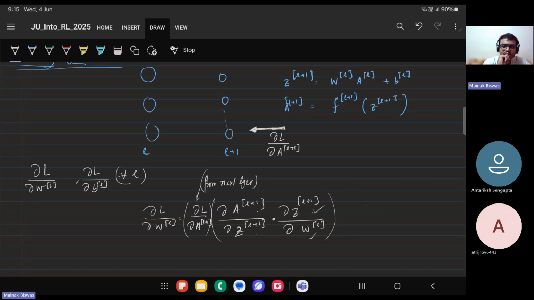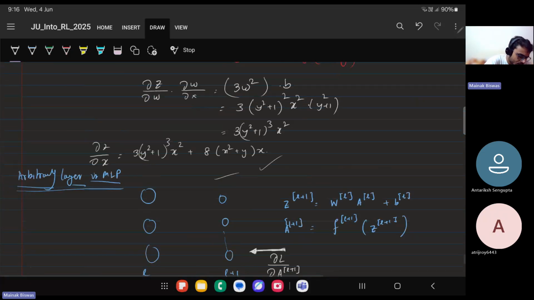First, tell me a middle layer. From the L plus 1th layer, we are getting the dA plus 1. The chain rule is okay. We have dAL plus 1, dZL plus 1, and then dZL plus 1 and dWL. Are we calculating this at the middle stage? Correct. This is being calculated at stage L.